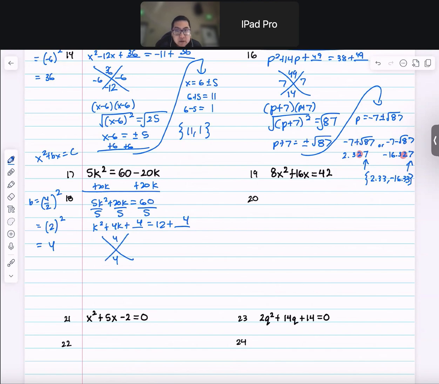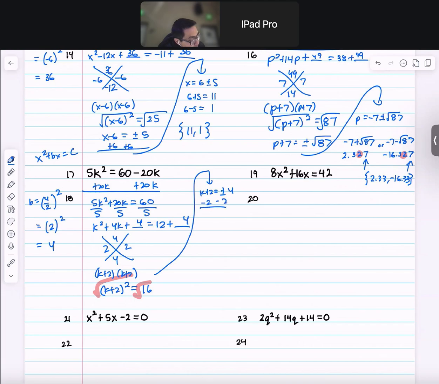We can now factor the left-hand side, 2 and 2, k plus 2, which is basically k plus 2 squared, right? Equals 12 plus 4, which is 16. We square root both sides, and we get k plus 2 equals plus or minus 4, right?